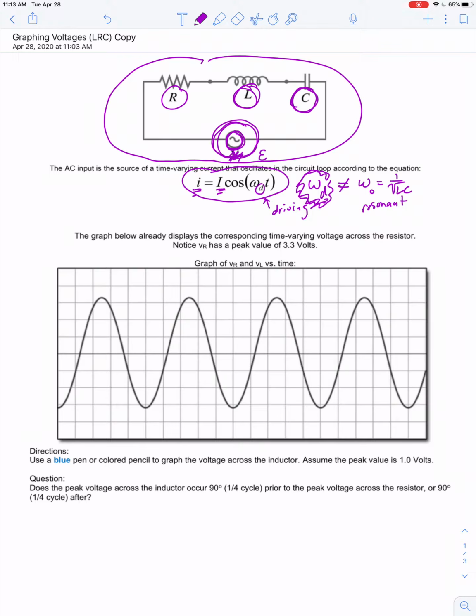We're told that we have an equation for the current. That means the voltage at any instant across the resistor should be equal to resistance times the maximum current value, and then also times cosine omega t. We say that the voltage across the resistor is always in phase with the current, and this graph shows how the voltage across the resistor is varying in time.